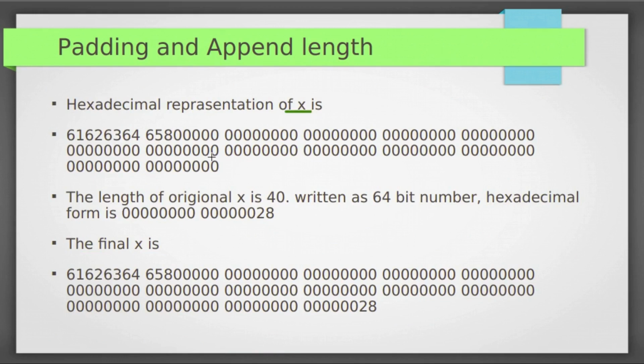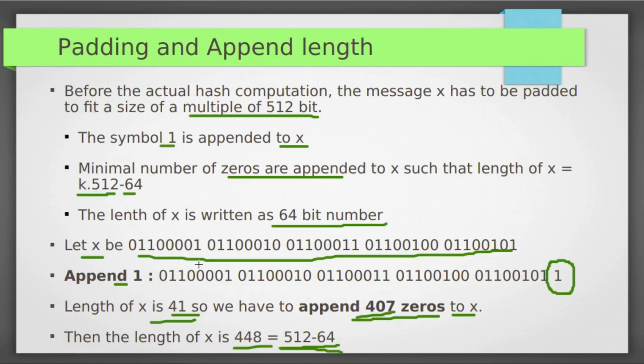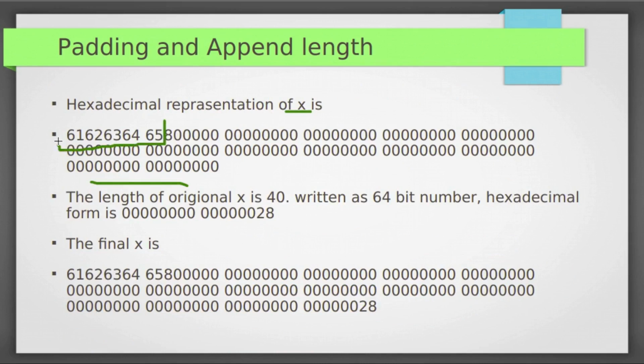Hexadecimal representation of X is this one. Let's see here, this is 6 and this is 1. Here it is 6 and it is 2, 6, 3, 6, 4, 6 and this one is 5 and we have 1 extra. This is the hexadecimal representation for X. After that one we will add 407 zeros.